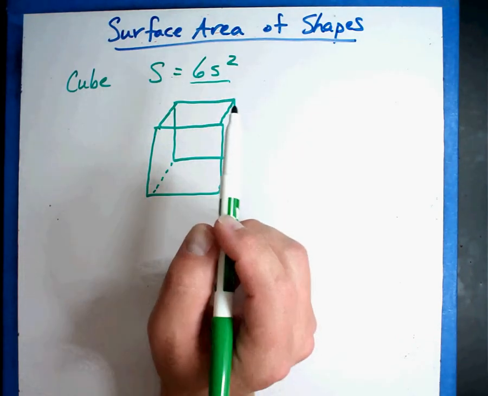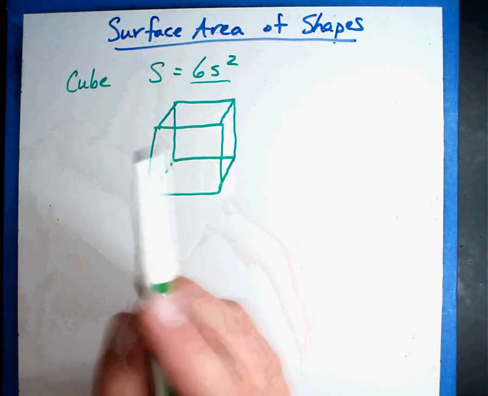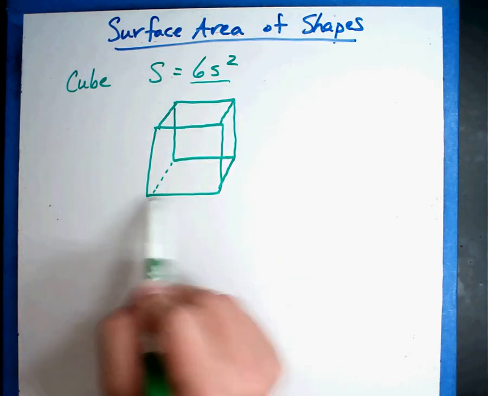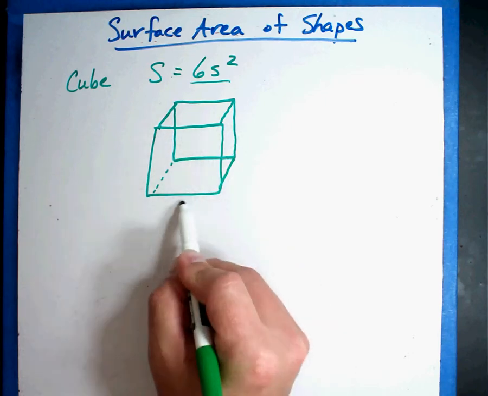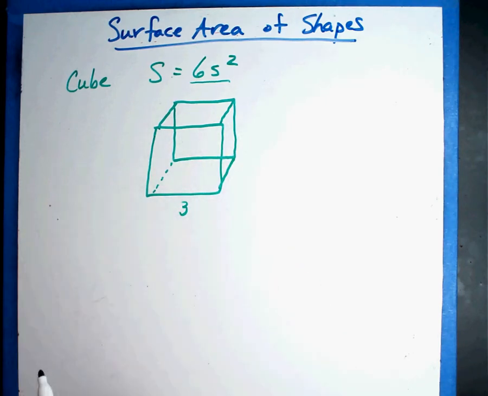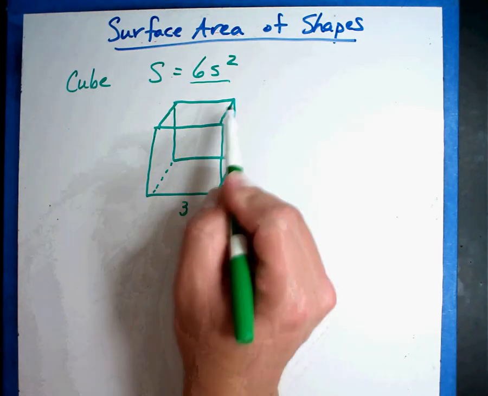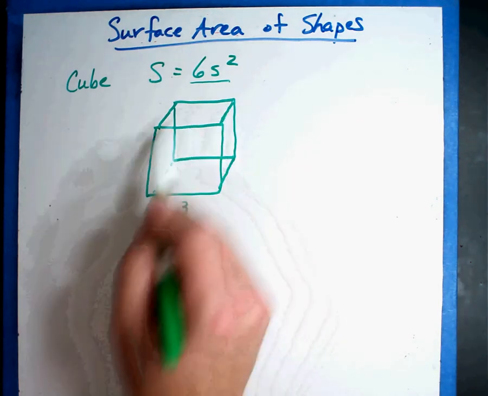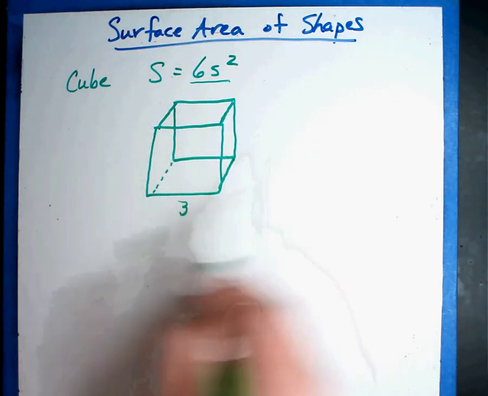This makes it really logical. 6s squared. So let's say, just to make sure you understand this, a cube is square on all sides. So let's say that they tell us that the side is 3 and they want to know its surface area, which is basically, a good example would be if you're going to paint it. Let's say you wanted to paint all the sides of this cube, top, bottom, sides, all of it.